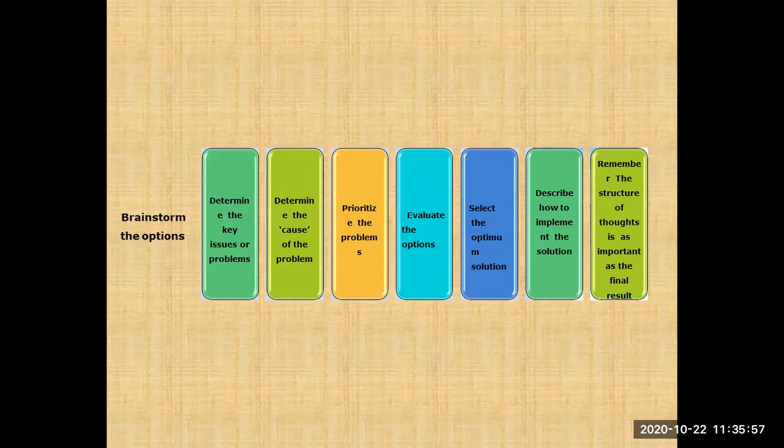Now there might be n number of problems in a given case. Out of that, we cannot solve all problems at a time. In such a situation, we should be able to prioritize the problems, meaning which problem has to be solved first.